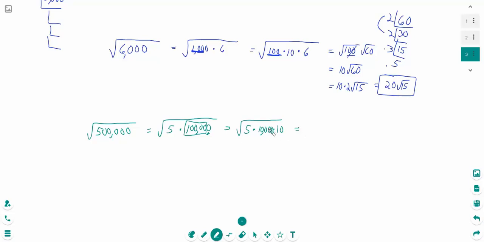Now we could say, okay, this 10,000, that has an even number of zeros. Let's lose half of them, and we end up with 100. So we know that 100 can come out of the radical. Inside the radical, we still have the 5 times 10, which is going to be 50.